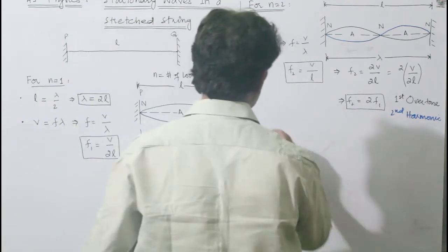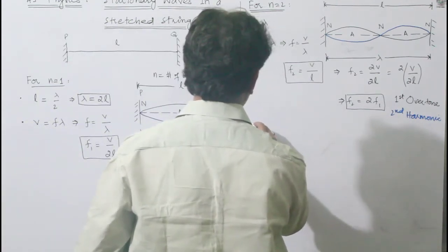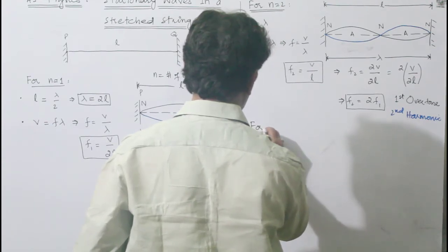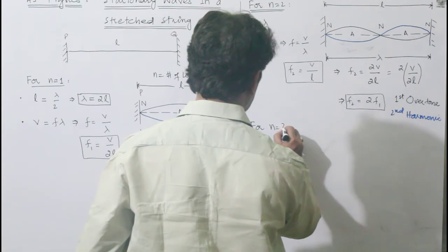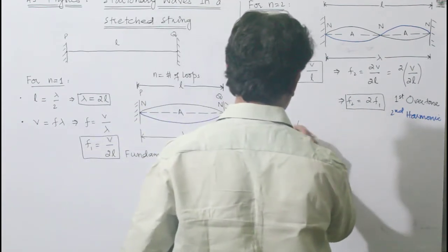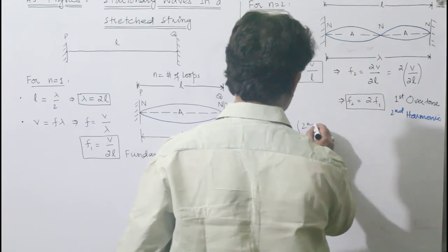So now we will calculate the frequency of the wave generated for n is equal to 3, that is 3 number of loops, and it is called the second overtone.